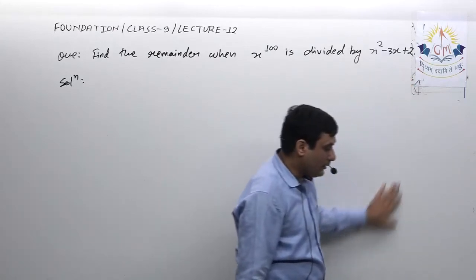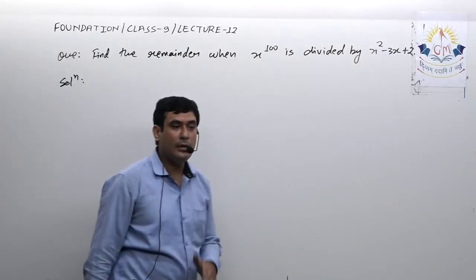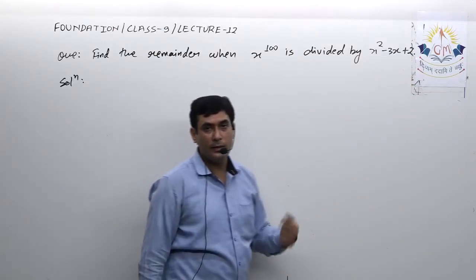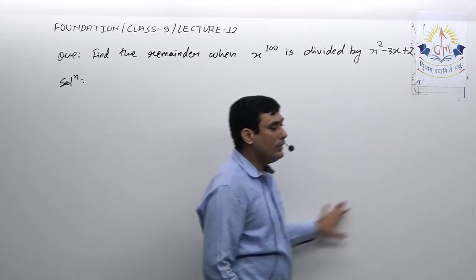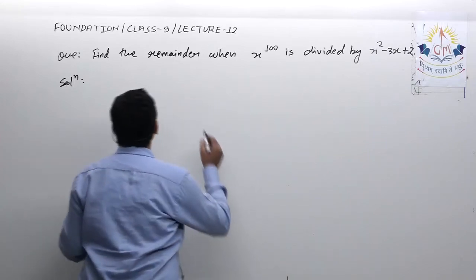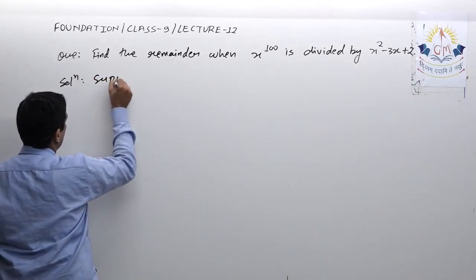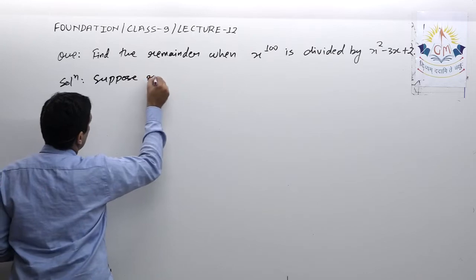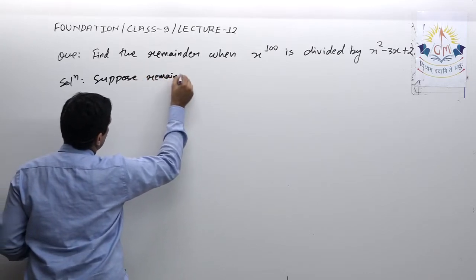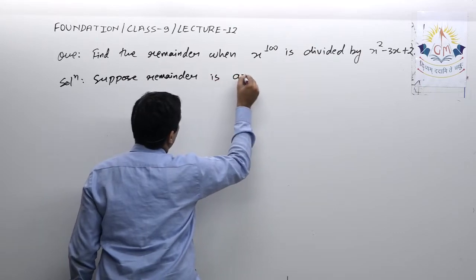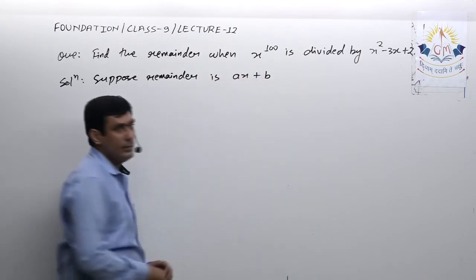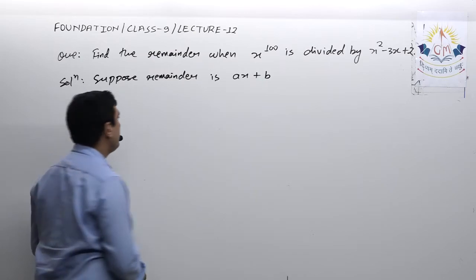That shows that the remainder must be a polynomial whose degree is less than 2. It might be 1, it might be 0, but definitely less than 2. So we'll start with the linear. Suppose the required remainder is ax plus b. That is the required remainder we assumed.